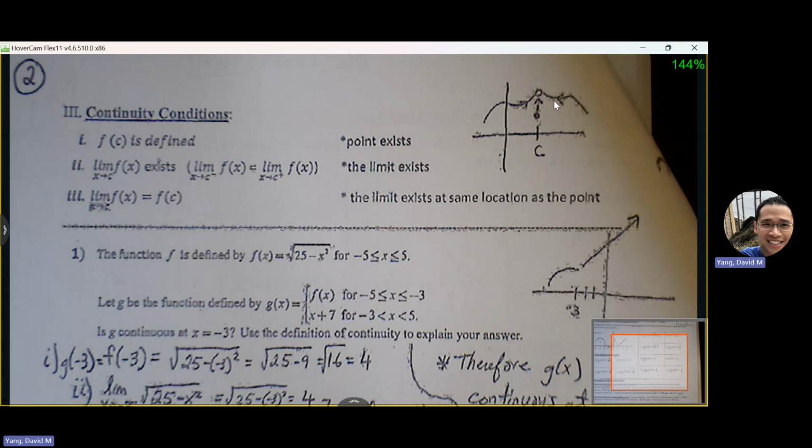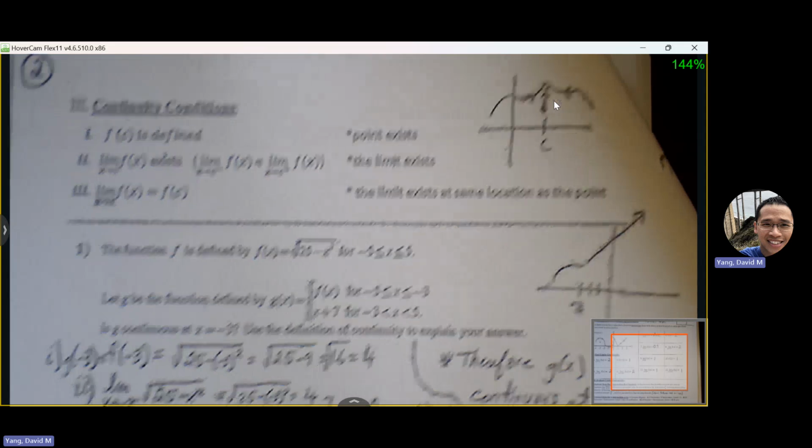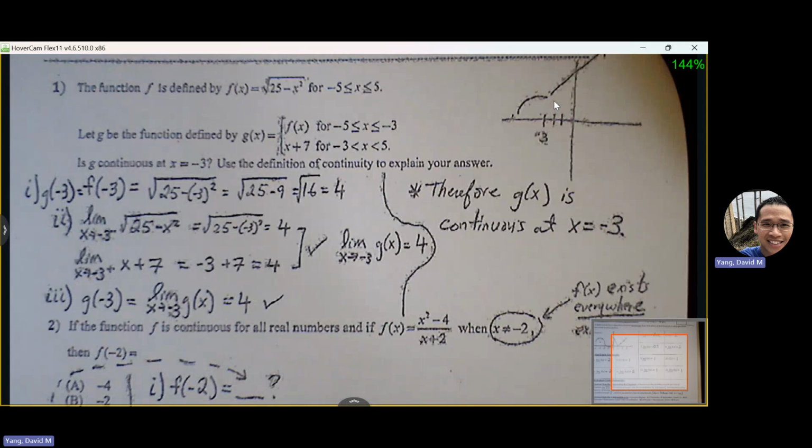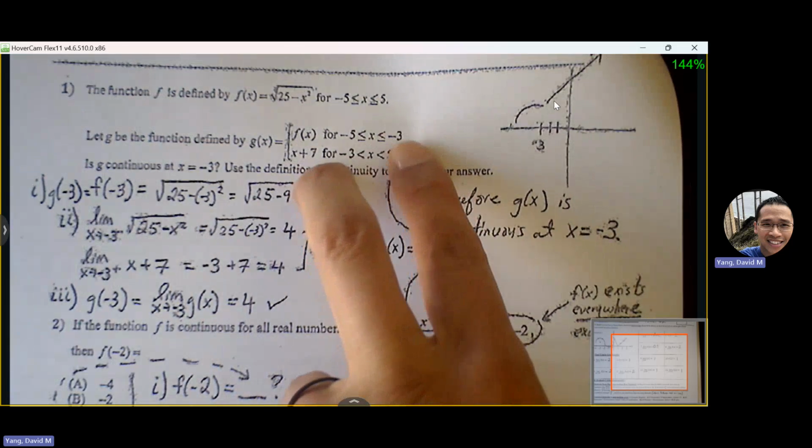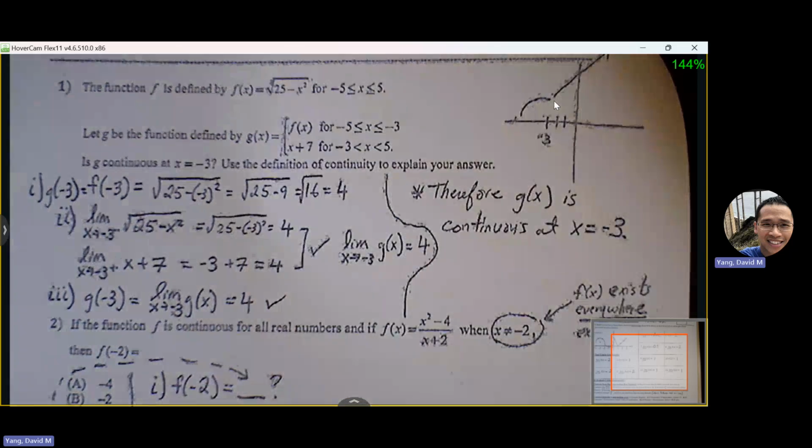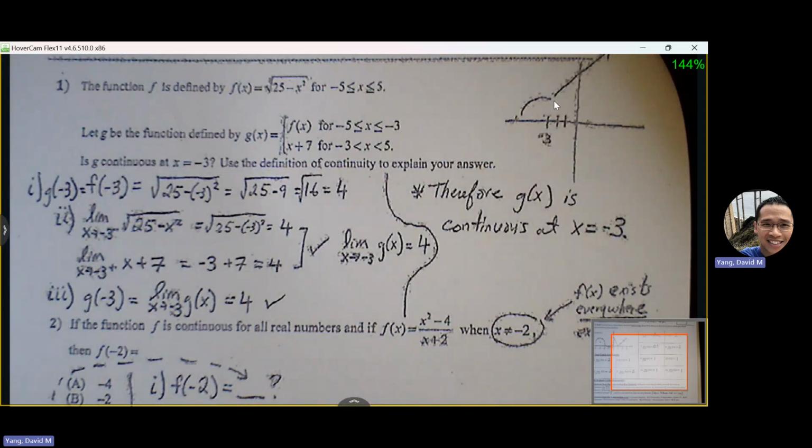So it passes the first condition. Second condition, does the limit exist at -3? We see that there's a split definition on either side of -3. So we just do a one-sided limit on both sides of -3. Plug in -3 on one side, we get 4. Plug in -3 on the other side, we get a positive 4. These are both in agreement. The limit does exist at 4.